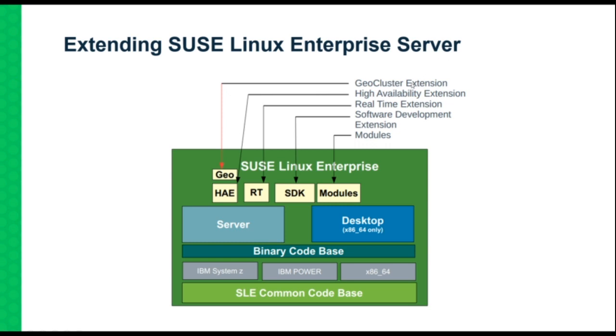Then we've got our high availability extension, to keep our business running should a server fail. Our real-time extension is to bring down latency. Our software development kit is for our software developers. And then plenty of other modules, just to name a few, SLES for SAP, our live patching, and so many more.